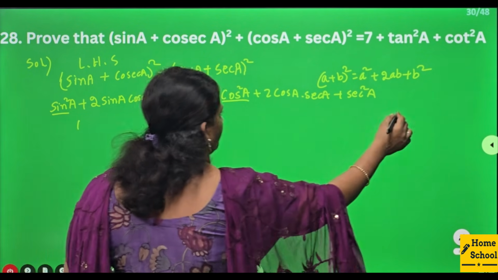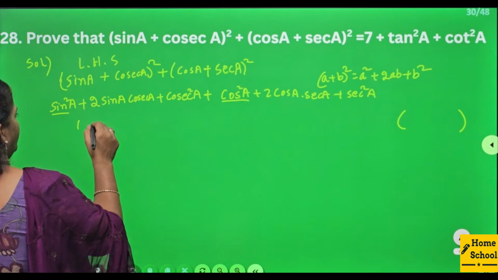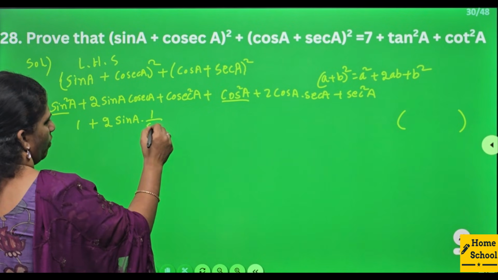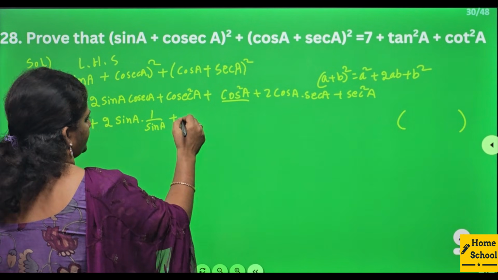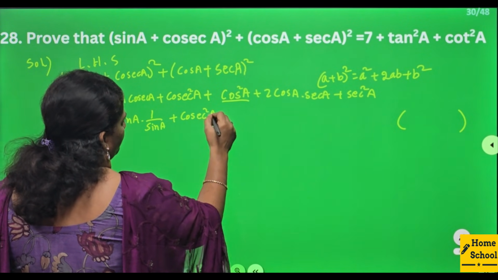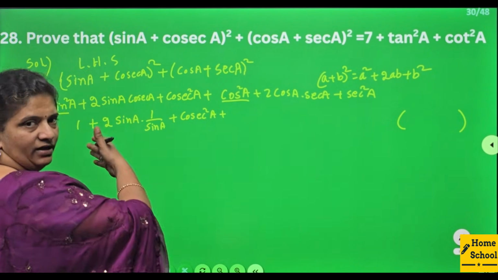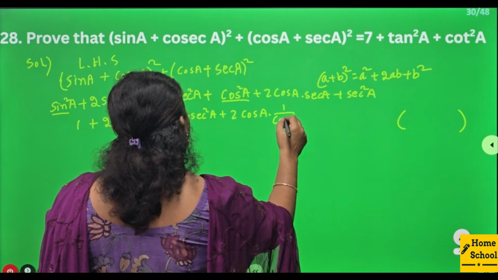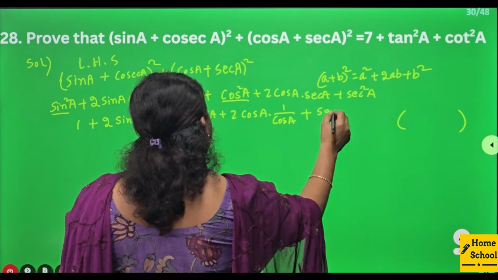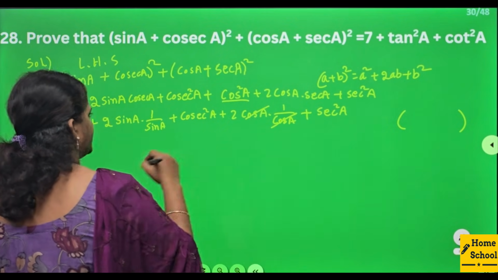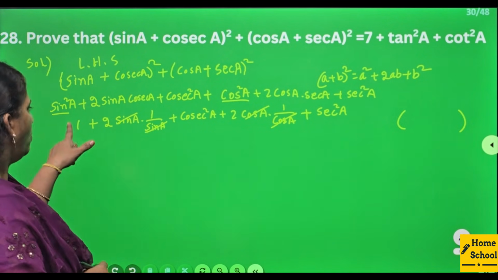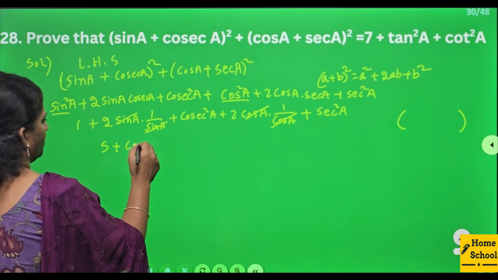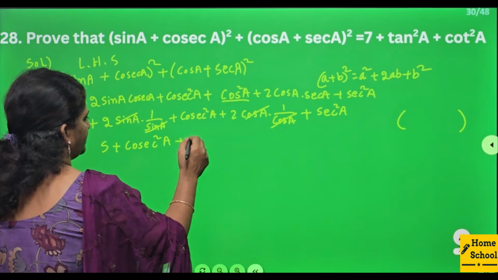Write that one, and you need to write (identity) compulsorily in brackets beside that one, plus 2 sin A cosec A can be written as 1/sin A, plus cosec² A. No need of writing cos² A, already we have written 1 there, plus 2 cos A into sec A can be written as 1/cos A, plus sec² A. Cos A cancel, sin A cancel. 1 plus 2, 3, 3 plus 2, 5. 5 plus cosec² A plus sec² A.